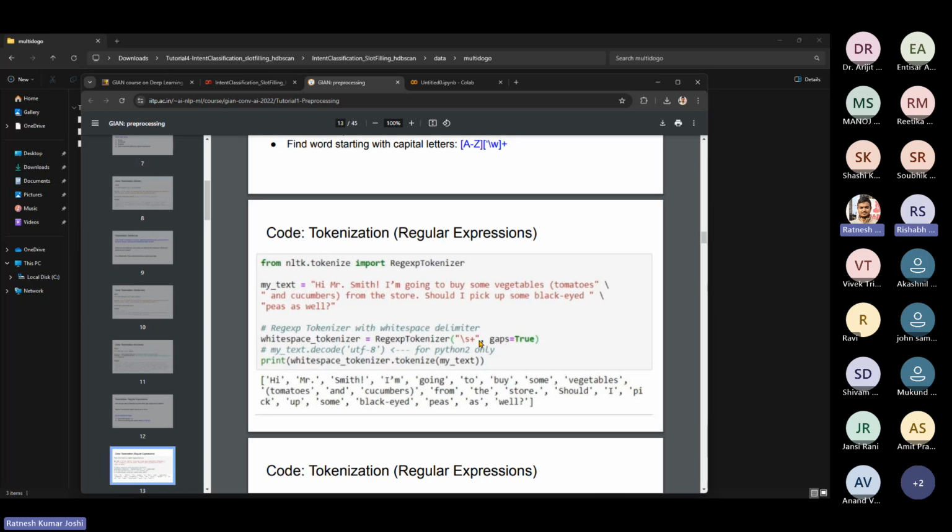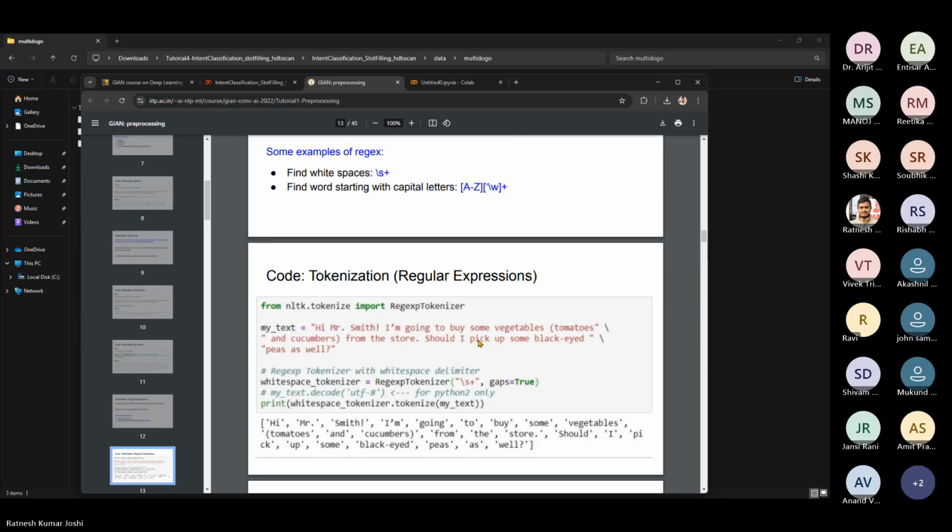So we can define these kinds of regular expressions and then apply the regular expression tokenizer to parse our text as well. And this slash space plus acts exactly as a white space tokenizer, so basically we are splitting our text based on spaces.